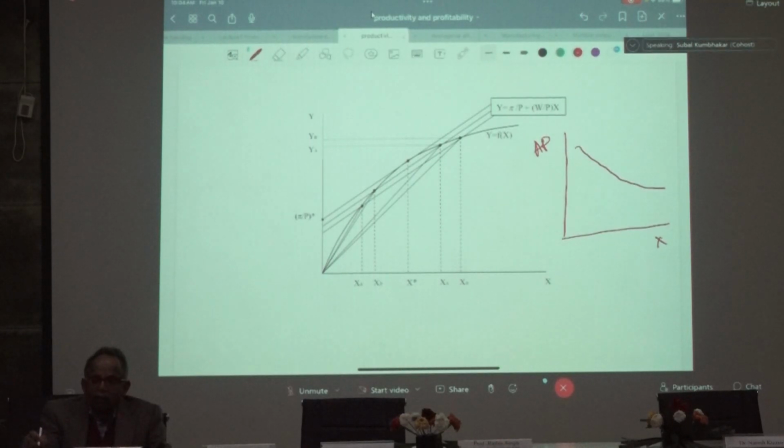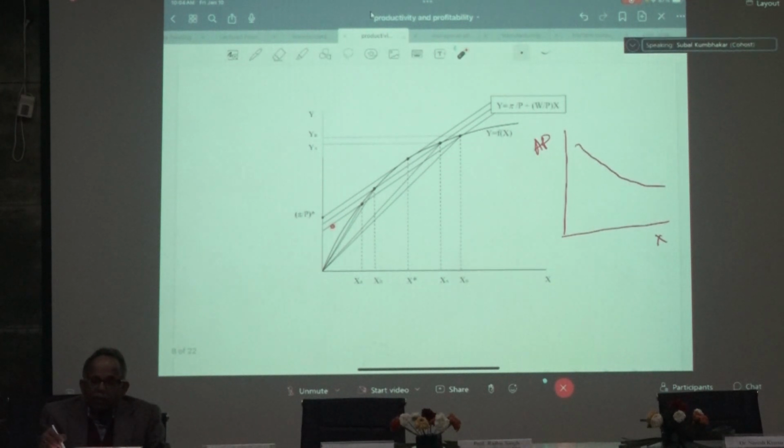That is one point I already showed you in the graph in the previous slide. Now the new thing in this graph is the relationship in terms of profit. If I draw this line, remember this is a straight line. These lines, 1, 2, 3, are for this relationship with different points.